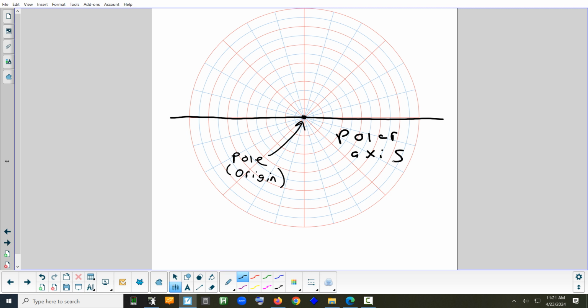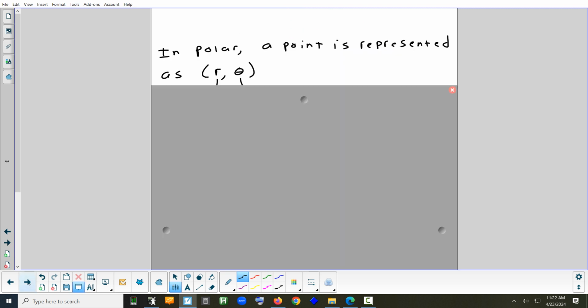What we want to look at now is how do you specify a point in polar? It's not like a left and a right and then an up and a down. It doesn't quite work like that. In polar, coordinates have two numbers, so that's similar to rectangular, but they're not x and y.